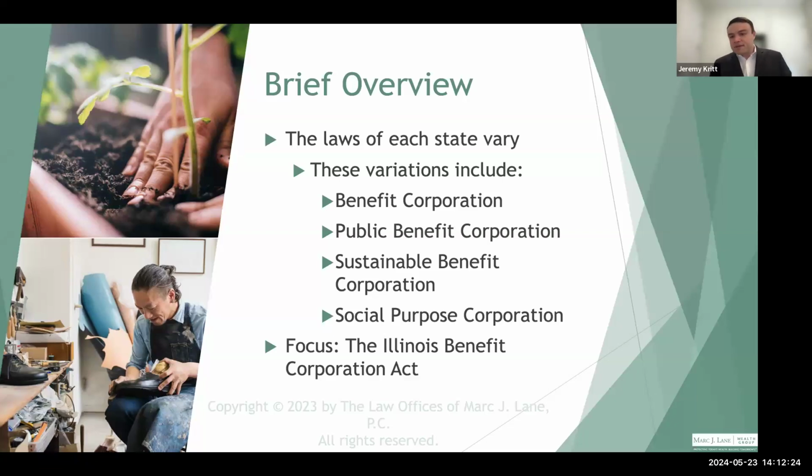These include public benefit corporation, sustainable benefit corporation, social purpose corporation. There are a lot of different variations, and each individual law does vary to different degrees from one another. Today we will be focusing specifically on Illinois' Benefit Corporation Act.